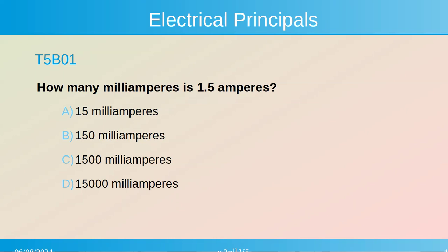It's just milliamps, 1,000th of an amp. So there's 1,000 of them in an amp, right? Okay, so if I've got 1.5 amps and there's 1,000 per amp, we're talking 1,500. So it'd be C. There, very good.